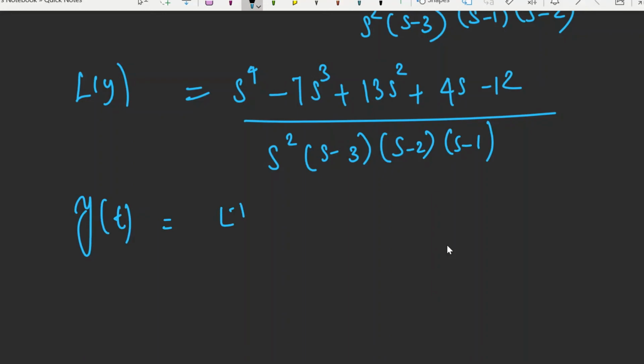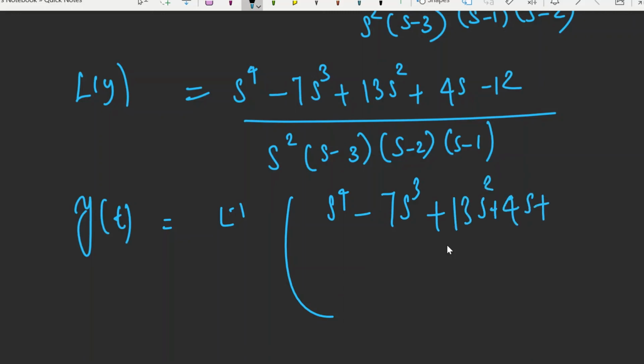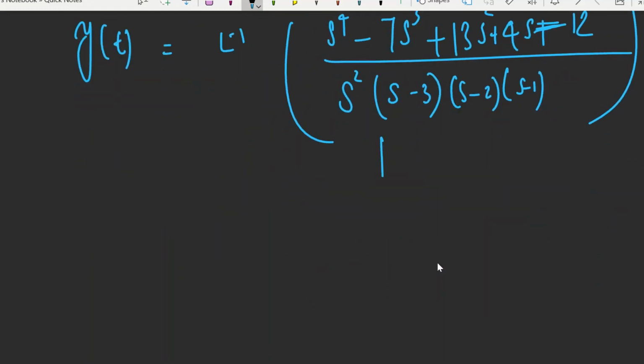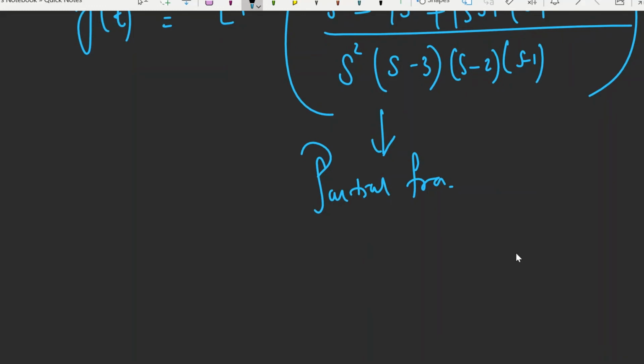Now y of t is L inverse of s power 4 minus 7s cube plus 13s square plus 4s minus 12 divided by s square, s minus 3, s minus 2, s minus 1. So the only option for finding the inverse Laplace here is the method of partial fraction.